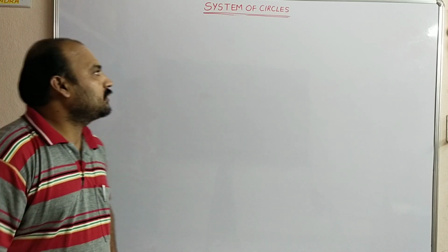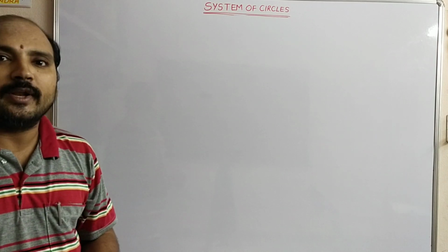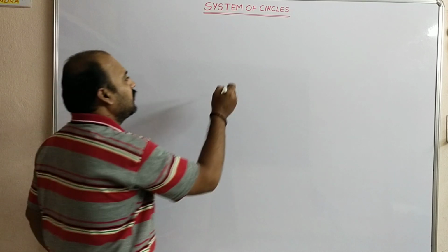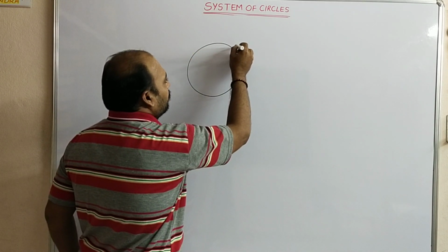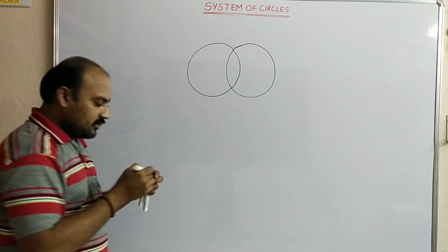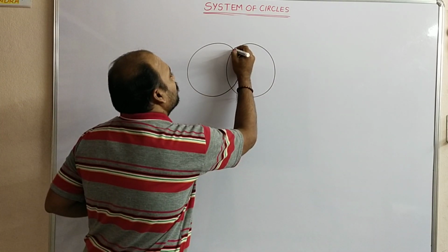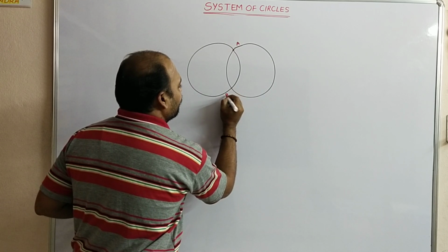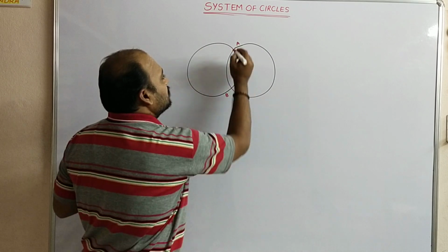Now the next point. When two circles cut orthogonally, what is the condition? This is the first circle, this is the second circle, and these two circles cut orthogonally. Assume this point is A and this point is B. The line joining them is the chord, no?